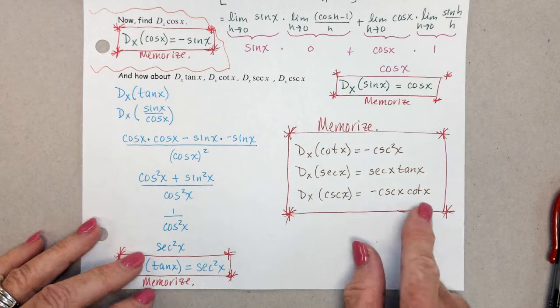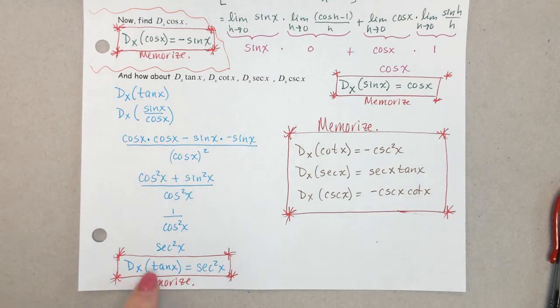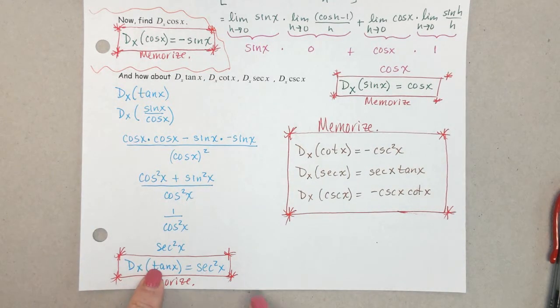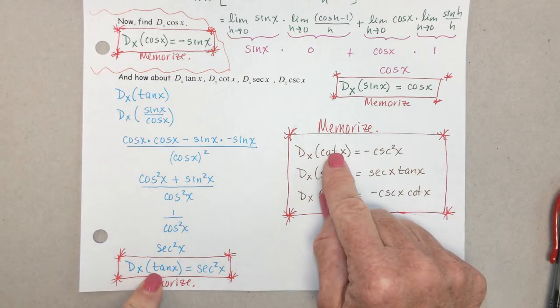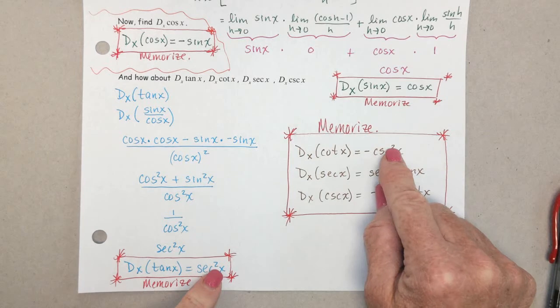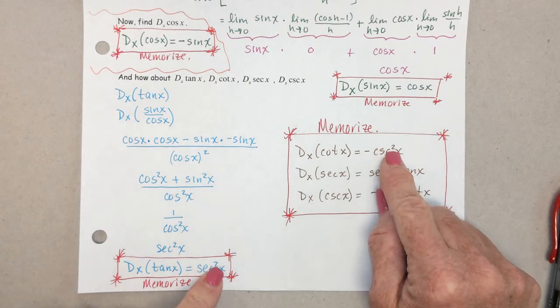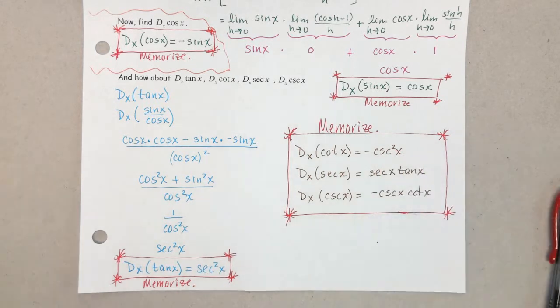Cosecant, negative cosecant cotangent. And the t functions, the ones that have a t in it, tangent and cotangent, are the ones that have a 2 as a power in here. If those little tricks help you memorize, then use them. If you use something else, that's fine too. But however you learn them, you need to memorize these 6 trig derivatives.